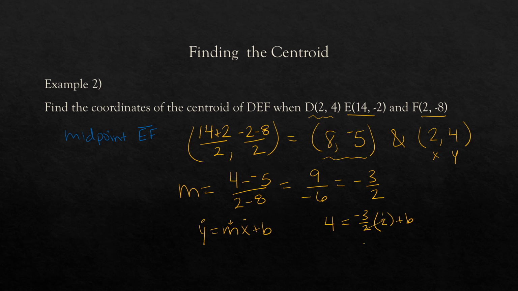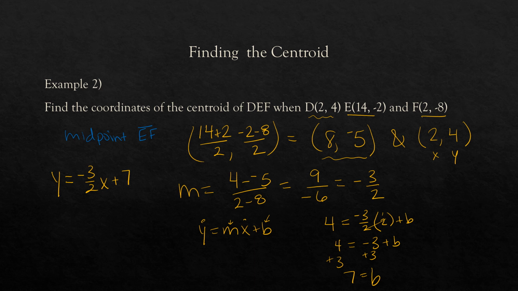So this will be negative 3 plus b is equal to 4. I'm going to add my 3 on both sides. 7 is equal to b. Now I plug it into right here. My equation for this median is y equals negative 3/2 x plus 7.